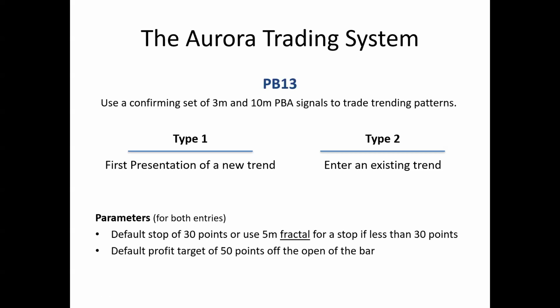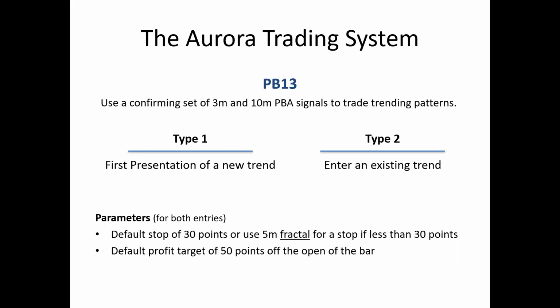Remember, on the two catch trade strategies, PB3 and PB35s, our default stop was 20 points. In the case of a trending trade, we use a default stop of 30 points. So if you're trading a single contract on the NASDAQ 100 futures with $20 a point value, you're putting $600 at risk on a trending trade.